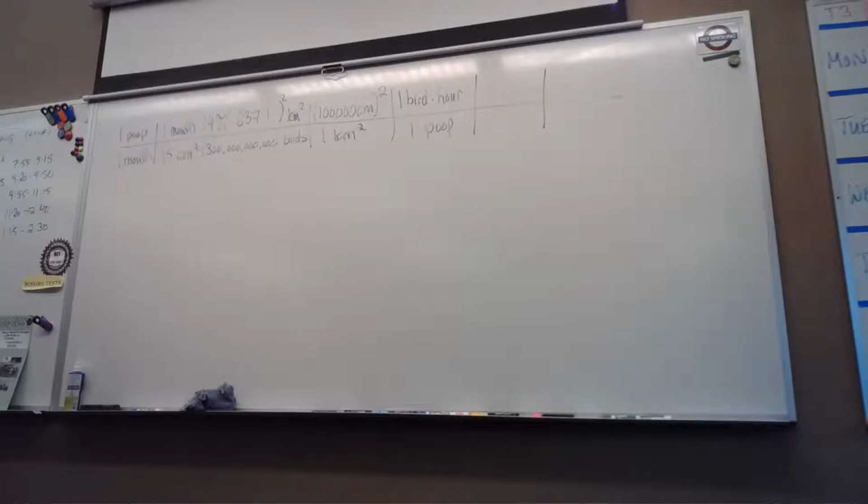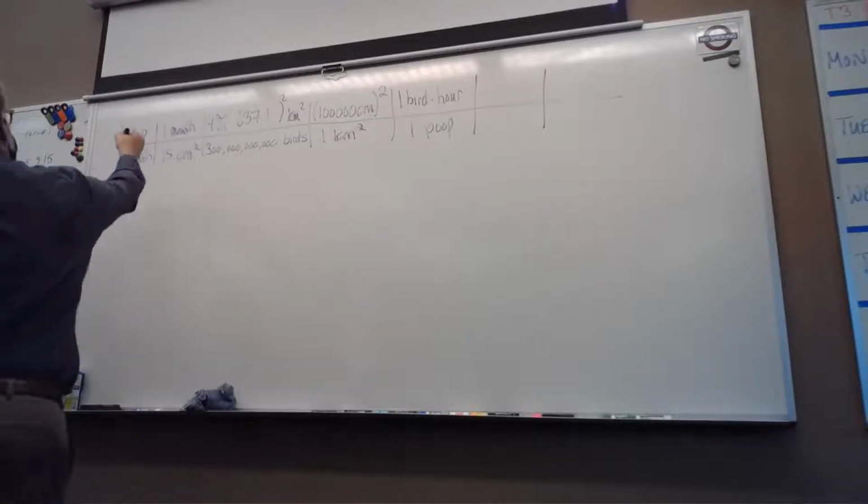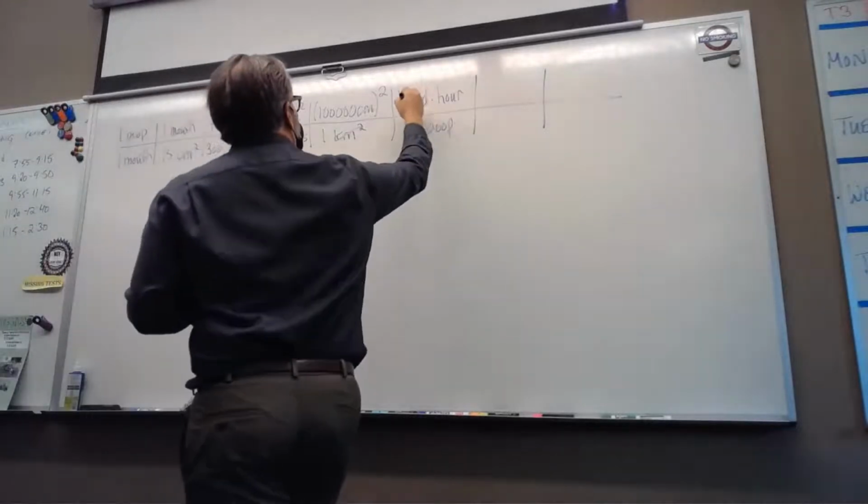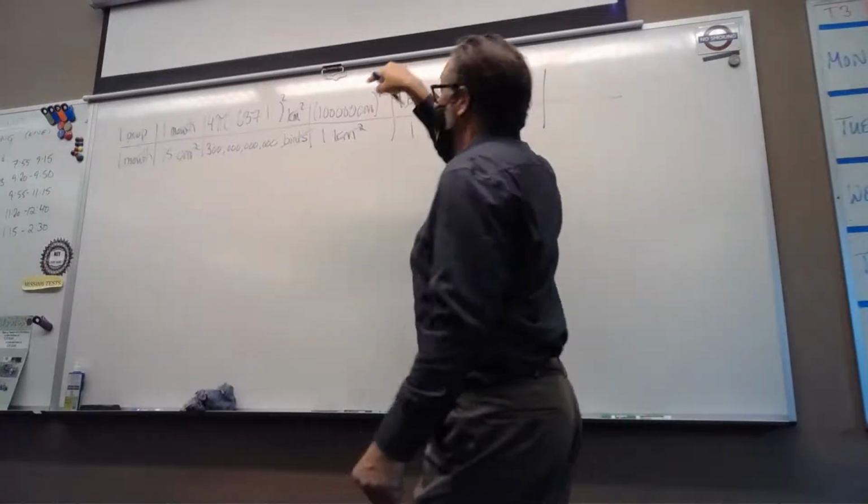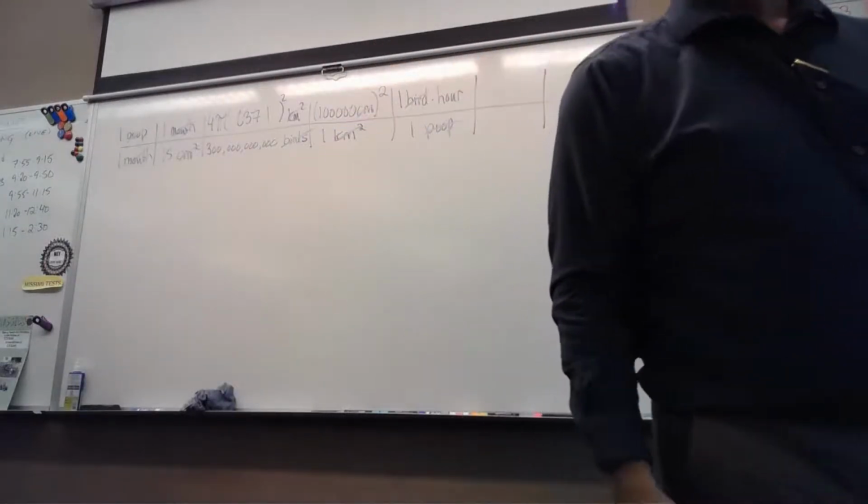Which means that 2 people should be able to make 28 widgets in half an hour. 3 people should be able to make 28 widgets in about 1/3 of an hour, and so on. So when we say 1 bird hour per 1 poop, that means that 1 bird for 1 hour generates 1 poop. Look, we just got rid of poop and we just got rid of birds and we're down to hours.